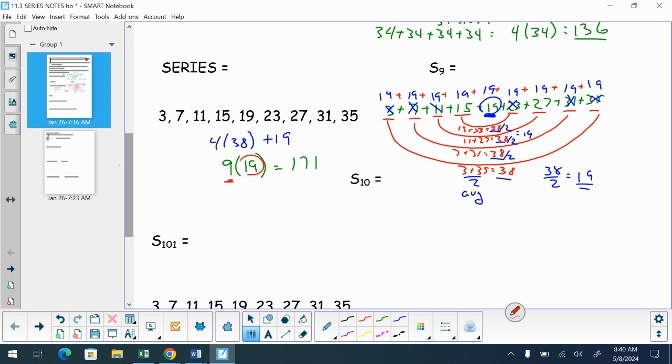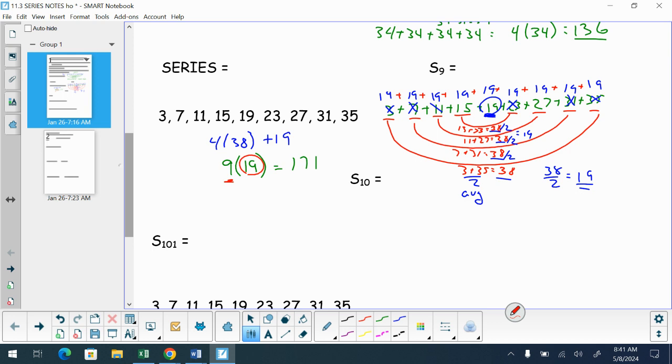This value of 19, how did we come up with the value 19? Well, I average my first and last, my second and second last, third and third last. Well, if this is an arithmetic sequence, if I average my first and last term together, that's going to be the same as the average of the second and second to the last term, the third and the third to the last term. It will be my average of all those numbers that I matched up.